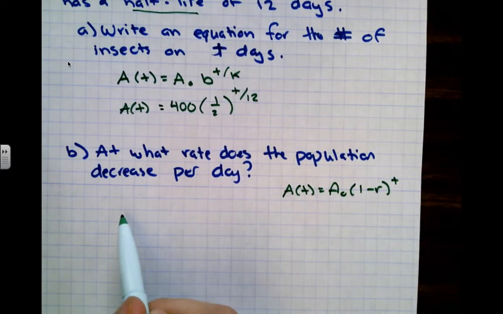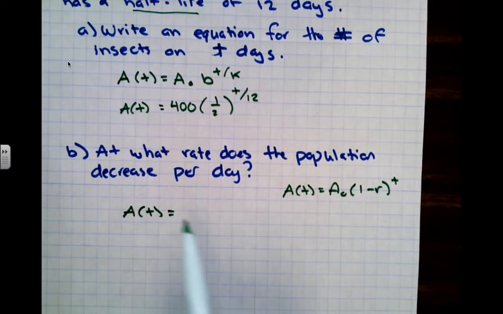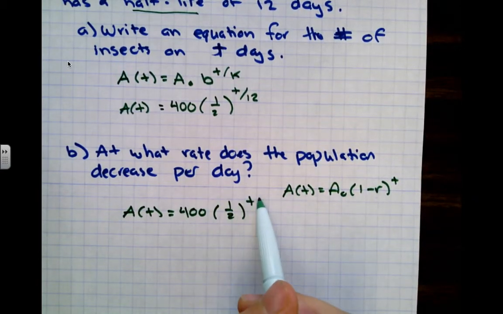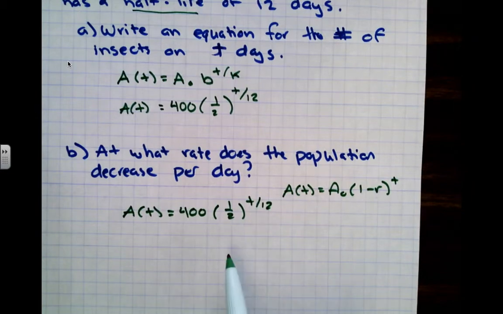For the most part, some pieces are going to stay the same. The 400 should stay the same, our t value should stay the same. The only thing that really gets manipulated is the 1/2 and the 12.